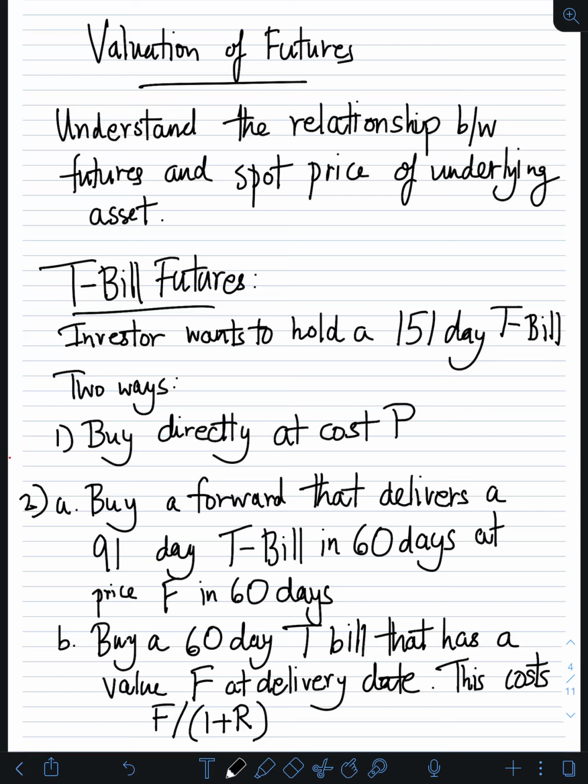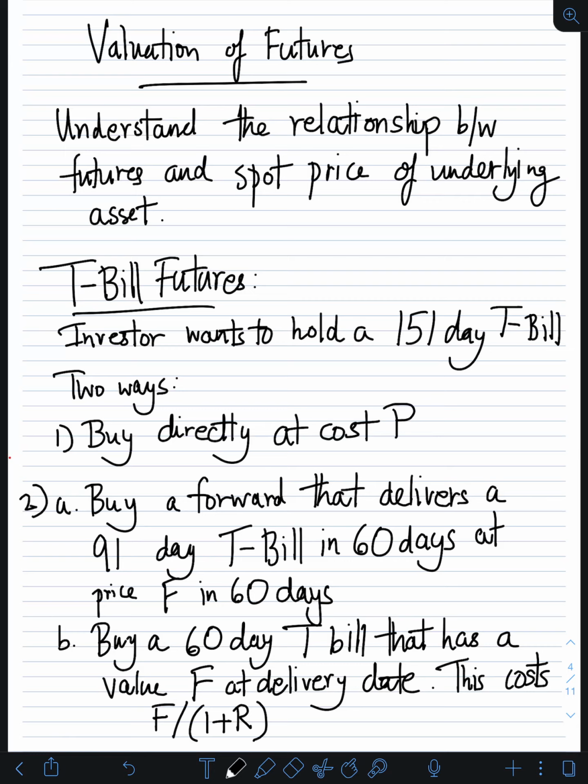And then today you could buy a 60-day T-bill that has a value F at the delivery date. So basically we're splitting that 151 days into a 91-day and a 60-day T-bill. We're getting a value F and eliminating it at the 60th day. And then we're going to compare the two prices to be able to determine the price of a futures contract.